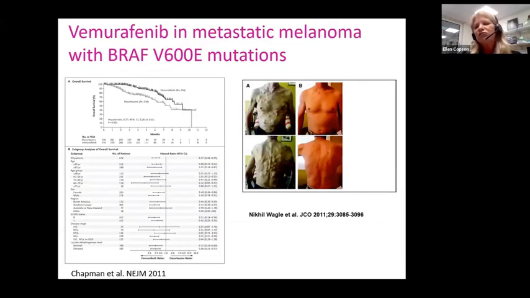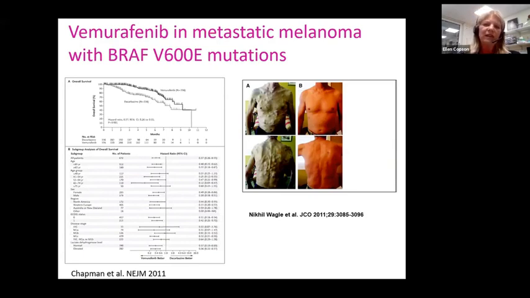And a lot of you are too young to remember a world before some of these treatments. When I started my oncology training exactly 20 years ago, nobody wanted to do melanoma because it was a choice between dacarbazine and best supportive care.